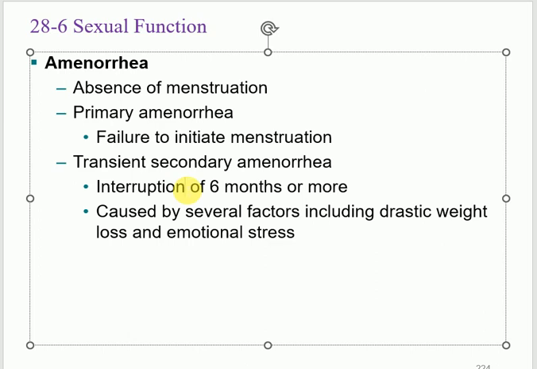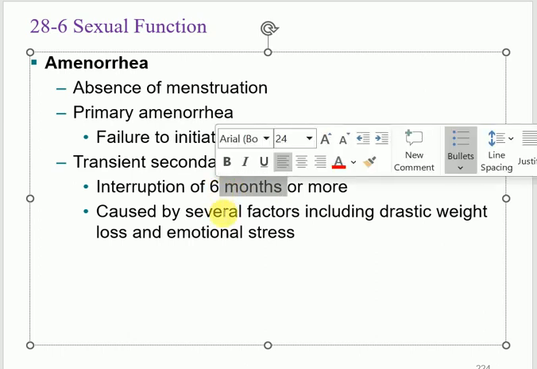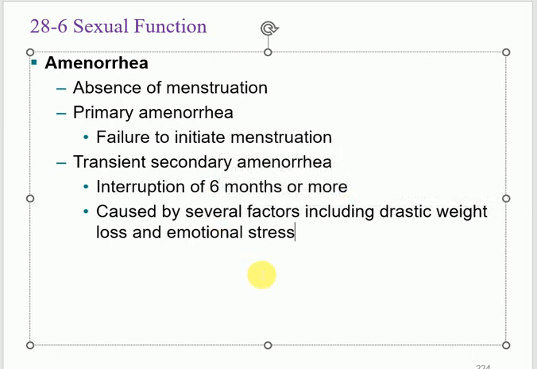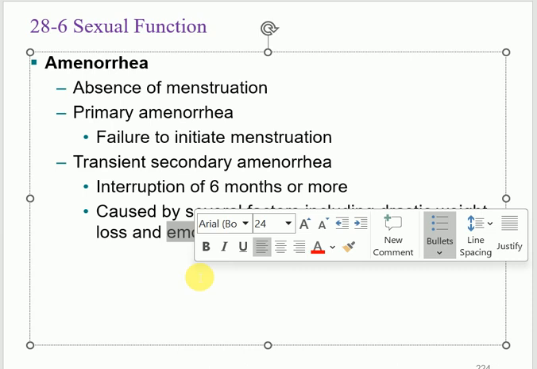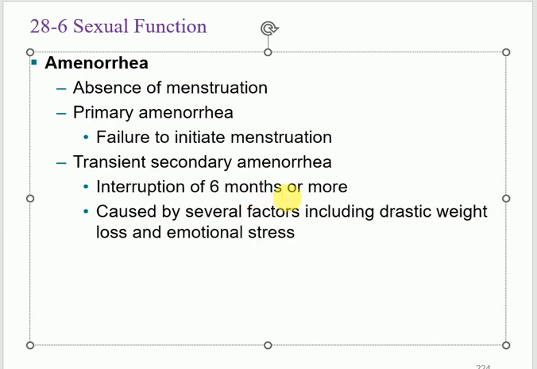You can't say she's having secondary amenorrhea if she didn't have the period for 3 months, for example. No, we don't call it amenorrhea. It can be any other changes or whatever happening. It has to happen for 6 months after she used to have it already. So she used to have it and then stopped for 6 months or more. And there are many factors. Maybe she's losing weight, emotional status.